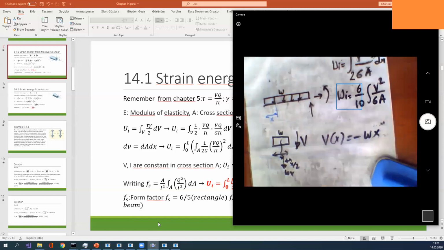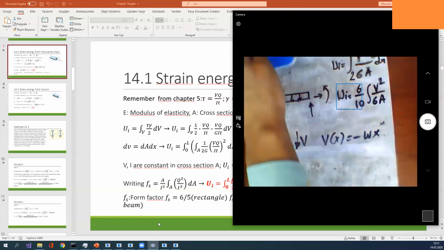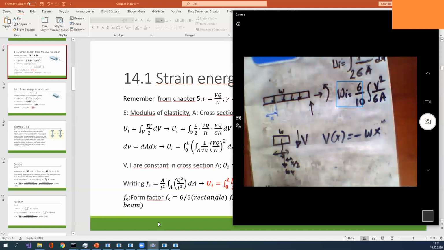Ui is equal to 6 divided by 10 times the integral of minus omega x, squared, over GA dx.